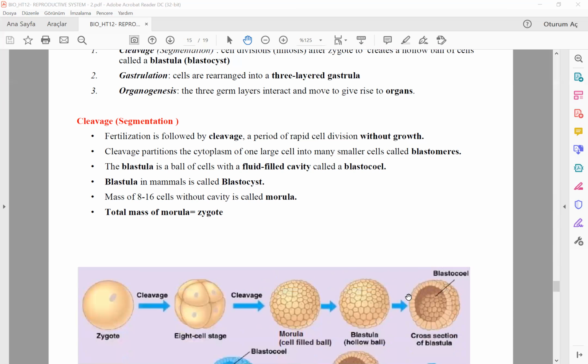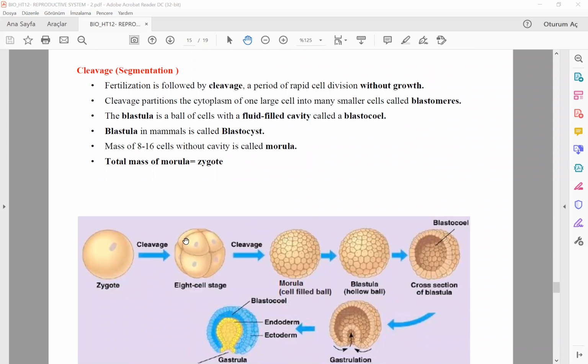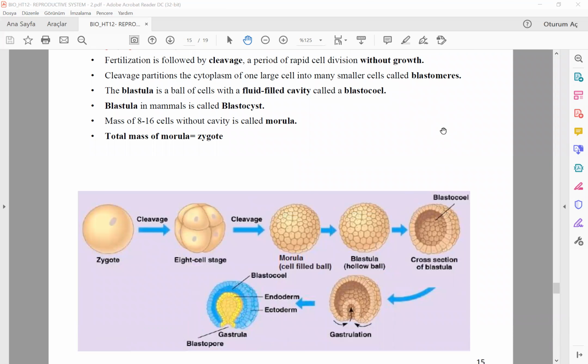Okay, the first week we call cleavage or segmentation. It starts with the zygote and ends with the blastocyst. When the zygote divides into first 2 cells, then 4 cells, each cell is called a blastomere.